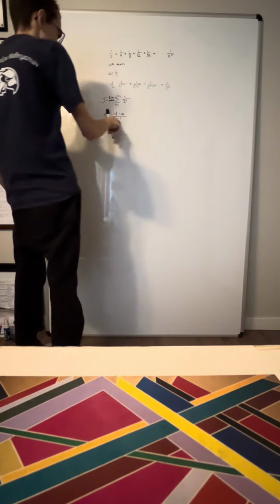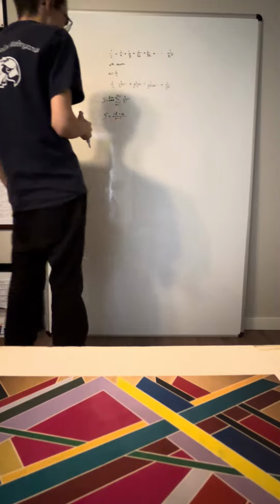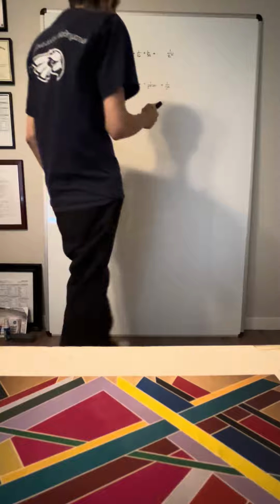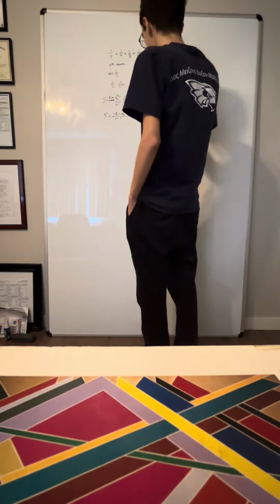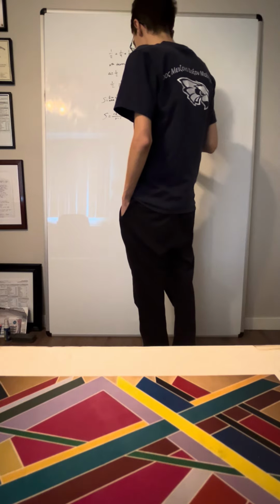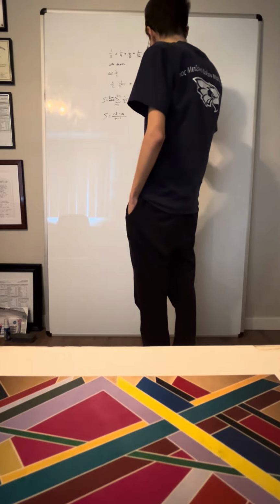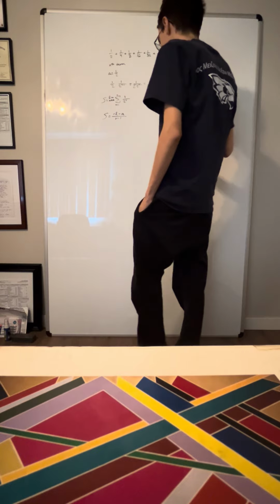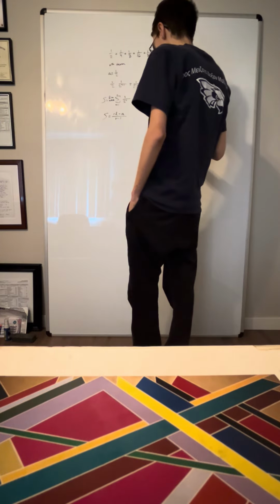So what do we need to be able to figure this out? We need to know what r, the common ratio, is, what the last term is, and what a is, and if you know that, then you can plug everything in.